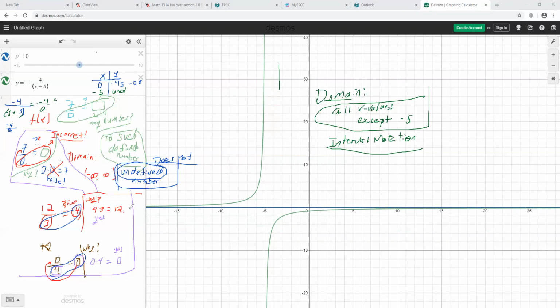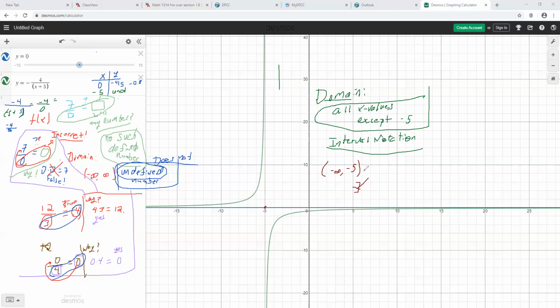Negative infinity, we start with that open parenthesis. Now you remember, good. All the way until, where does it not have a mapping? -5. So would we put a closed bracket there? If we want to include it, do we want to say, no, oh, so close parenthesis. Not close bracket, no.